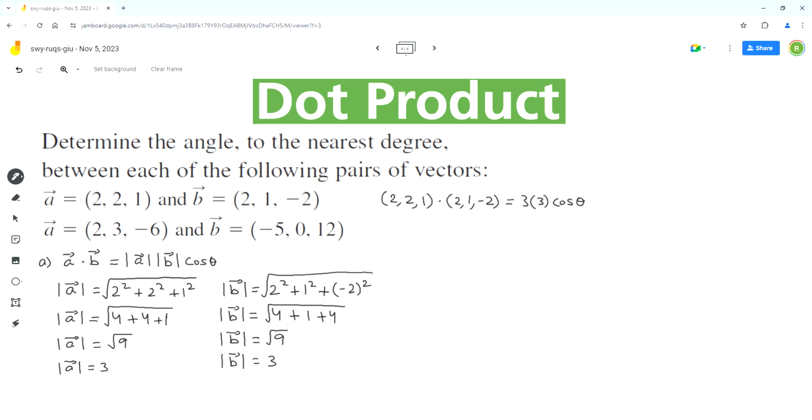So first we'll have to do the dot product on the left side. We'll multiply the x components, y components and z components and add the result. So the x components are 2 and 2. The y components are 2 and 1. And the z components are 1 and -2.